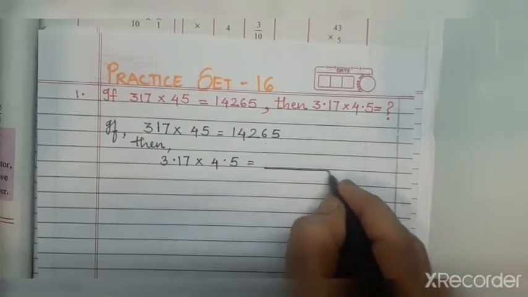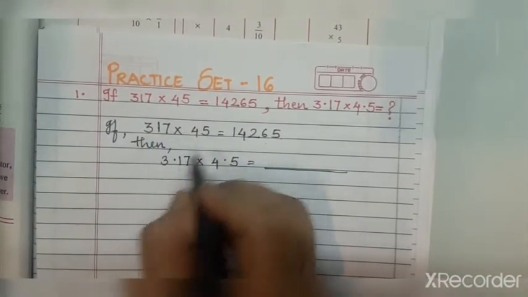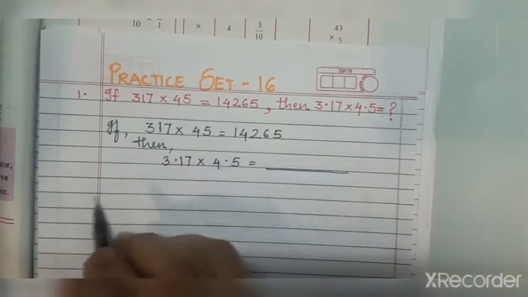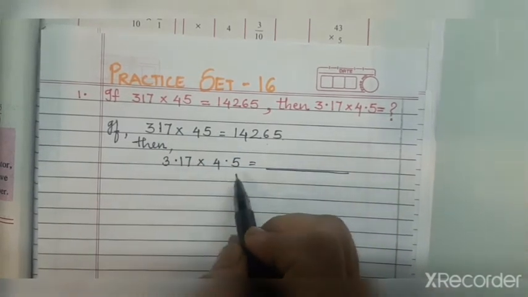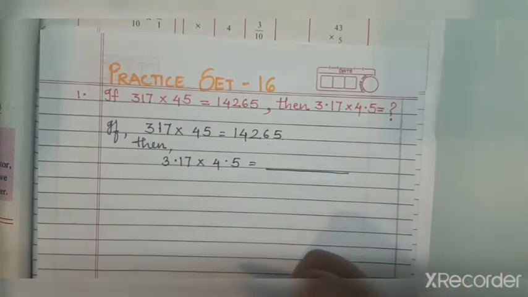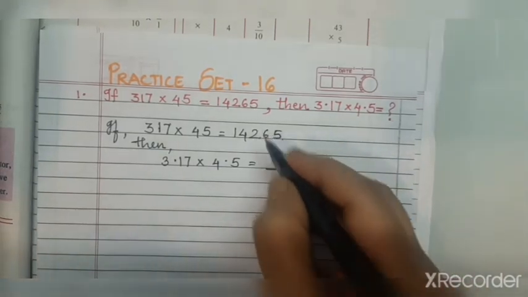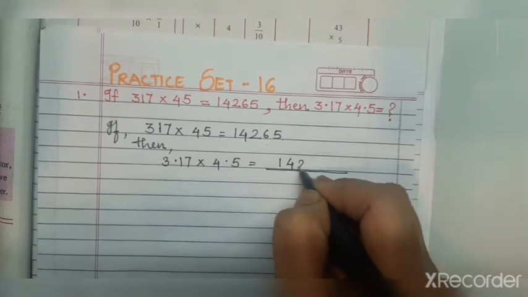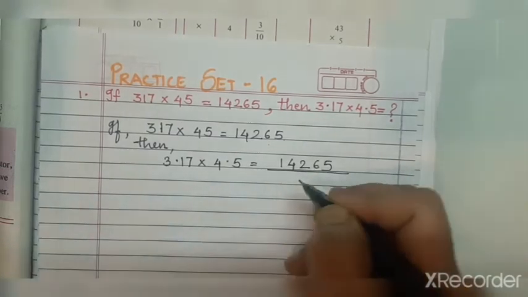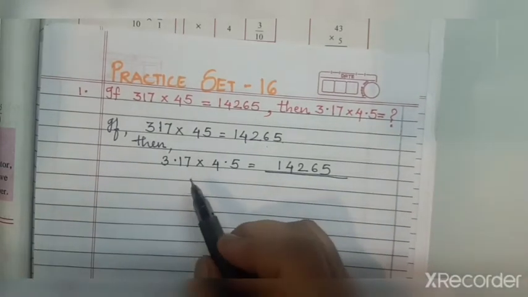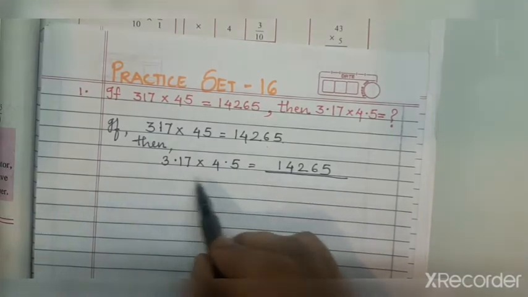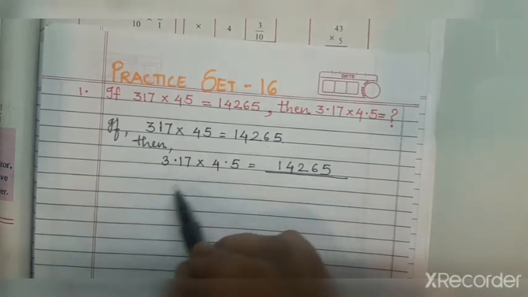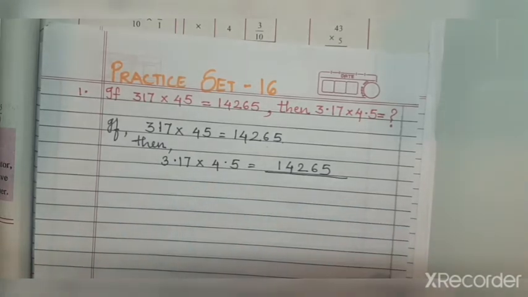Now if the digits are same, leaving the decimal, of the first and the second sum, the answer will also be same. So I'll write the answer as it is without the decimal, and now I will count how many decimal places there are altogether in both the numbers.